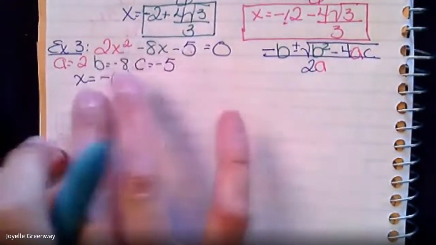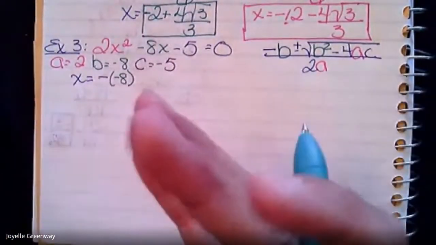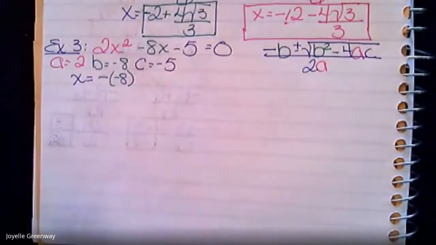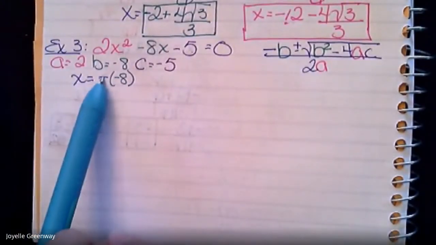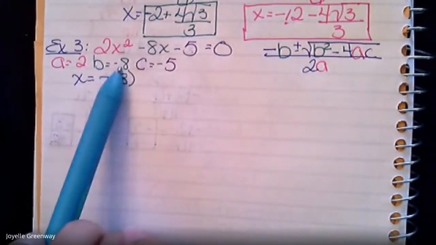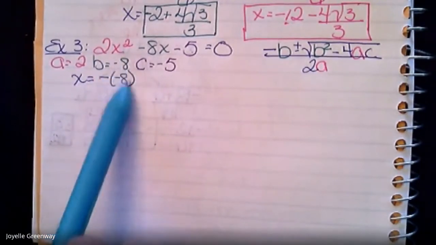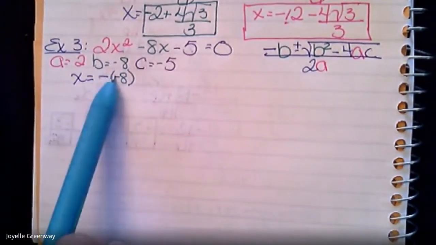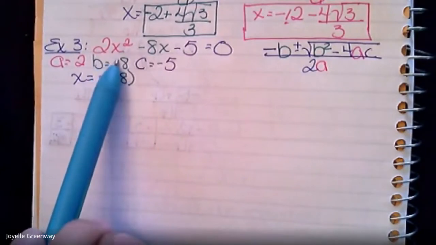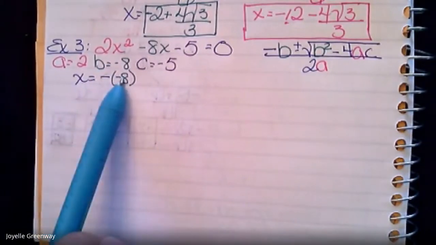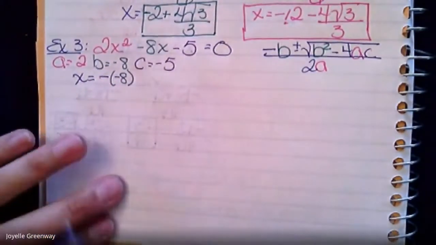So I'm writing it like this. If you just wanted to write 8, that's fine. I'm just showing you why it's going to be +8. So a lot of people will put the negative sign and then say, oh, b is -8, so they just put an 8 there. Well, that would only be true if b were +8, but it's not. So we want the opposite of the b value, okay?